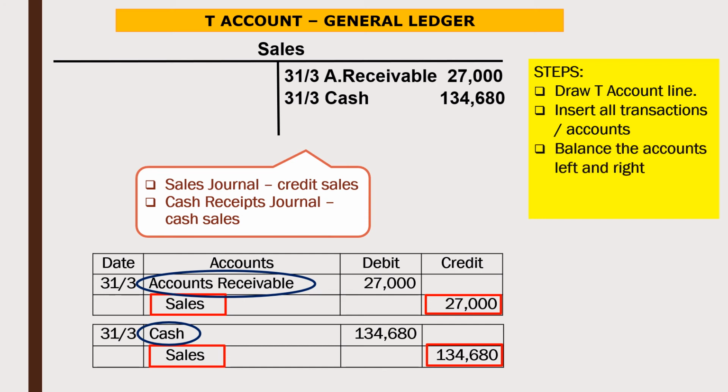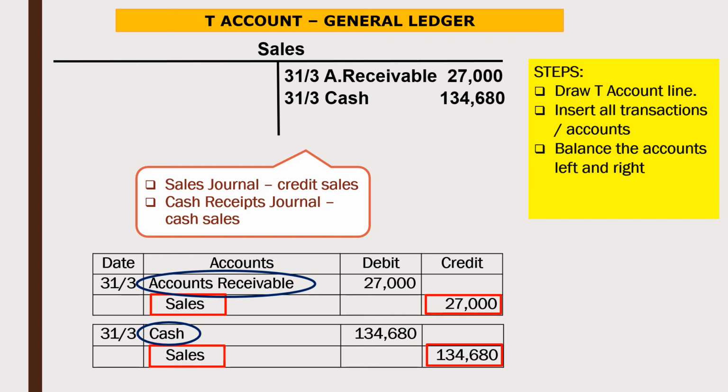The third step is to balance the accounts left and right. So, you have to write down the bigger amount between left or right.